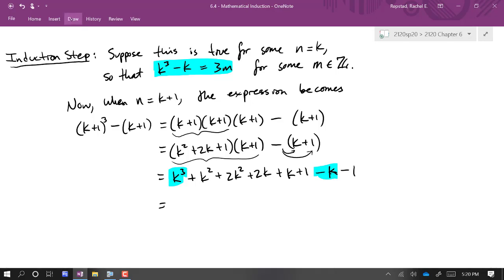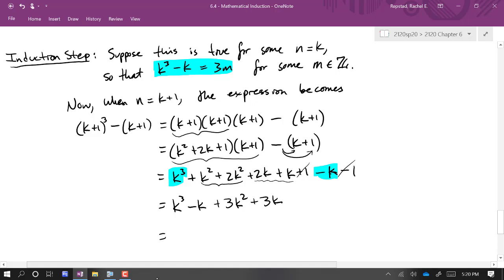So I'm going to gather those in the front. k cubed minus k. And then what's left over is 3k squared plus 3k, and then plus 1 minus 1, those cancel out.